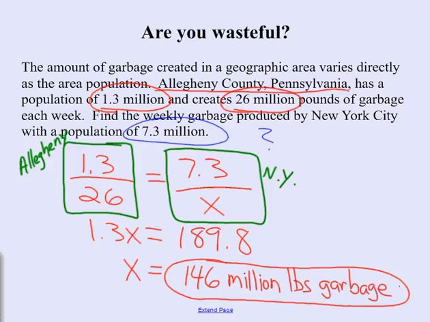On top, we had populations, and on bottom, we had the pounds of garbage. And finally, you'll see that it was indeed direct variation. First of all, the problem itself told us that right here. But you'll see that whenever the population in New York City went up, the amount of garbage went up as well.